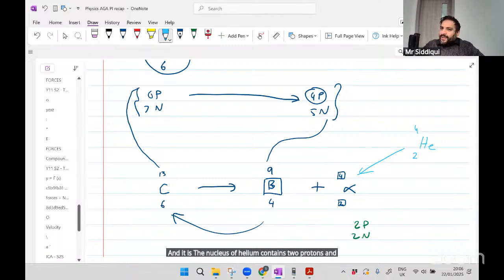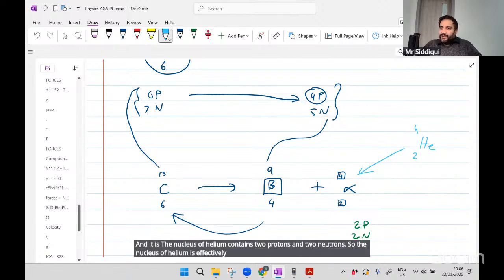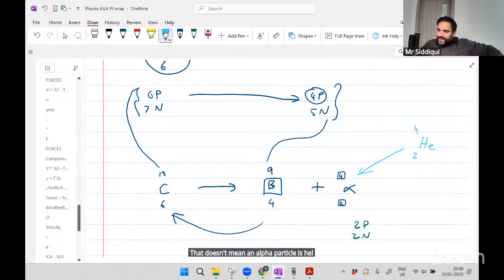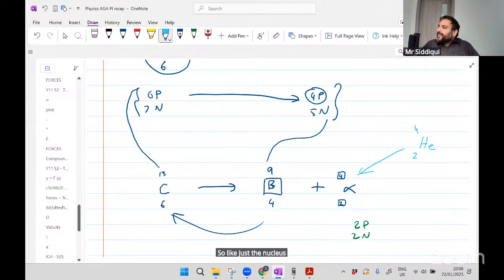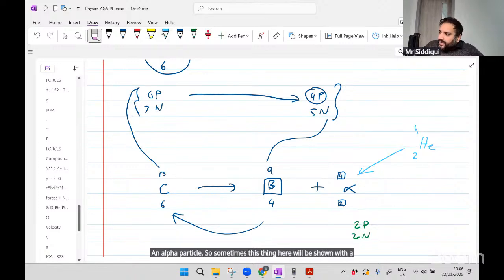So the nucleus of helium is effectively the same as an alpha particle. That doesn't mean an alpha particle is helium, because helium is made up of the electrons and all the other shells and stuff. So just the nucleus of helium is kind of the same as an alpha particle. So sometimes this thing here will be shown with a helium He, just so you know.